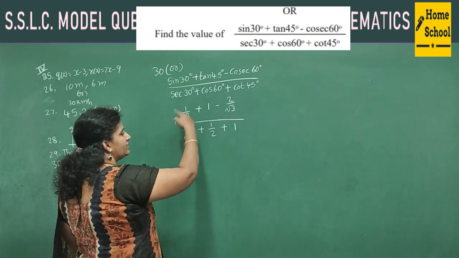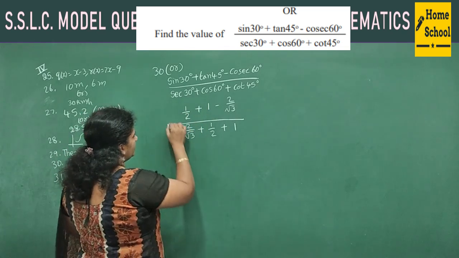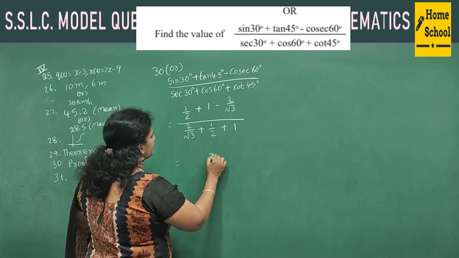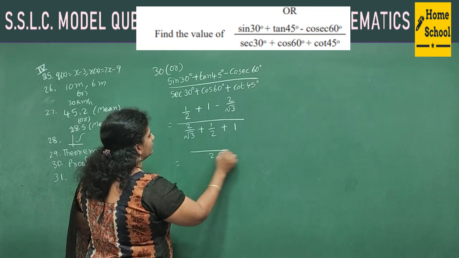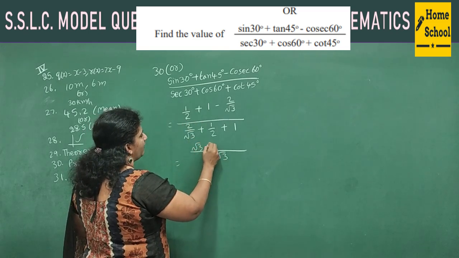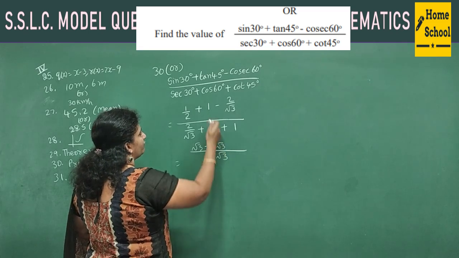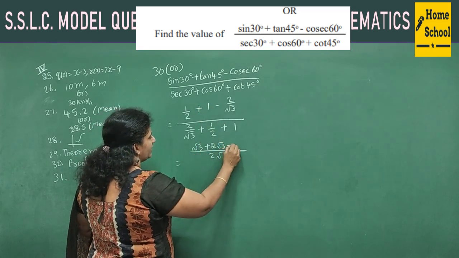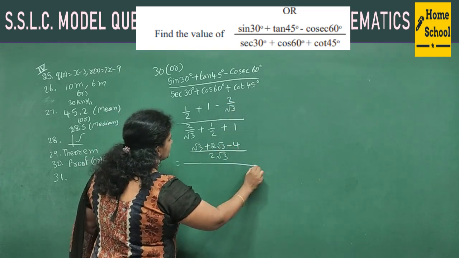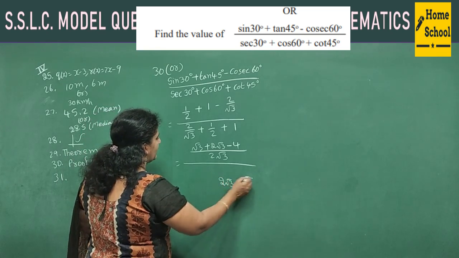Now numerators do LCM, denominators also do LCM. Next step. 2 and root 3 LCM is 2 root 3. Here you have 2 root 3 multiply root 3 plus nothing there means you need to multiply 2 root 3 for the numerator minus 2 you multiply here, 2 2s are 4. Similarly here also 2 root 3 LCM.